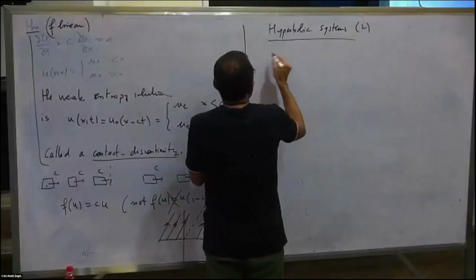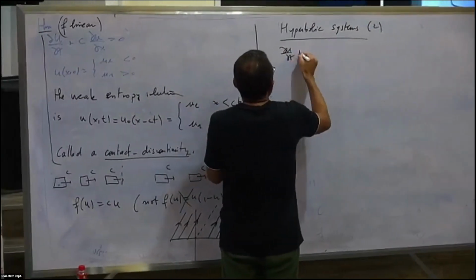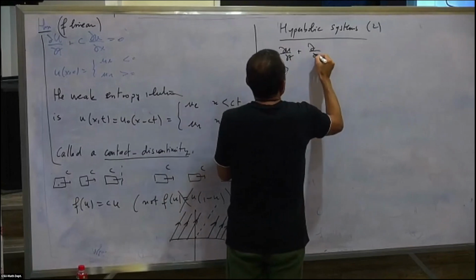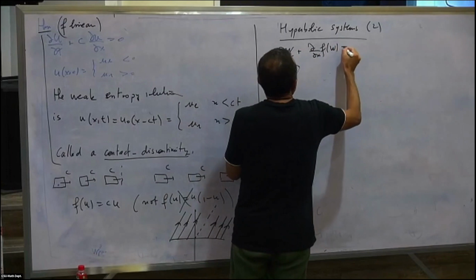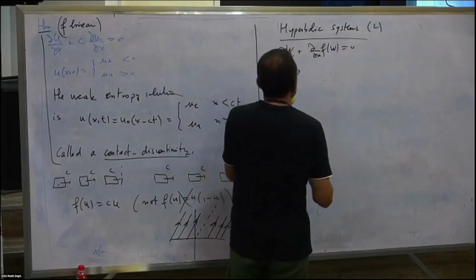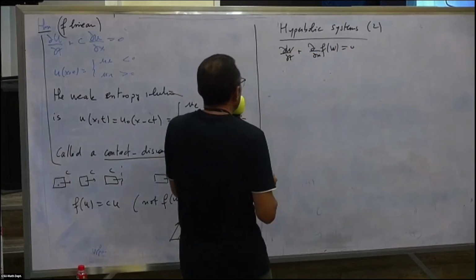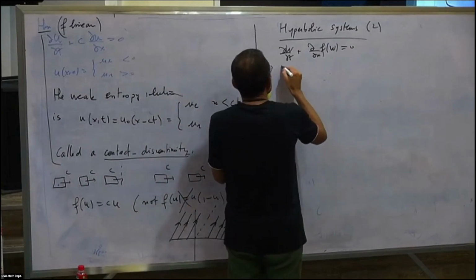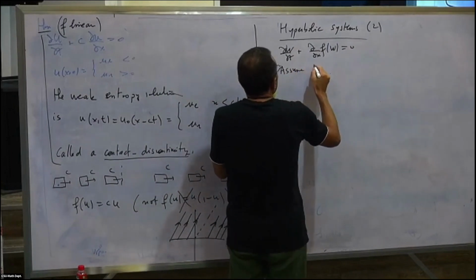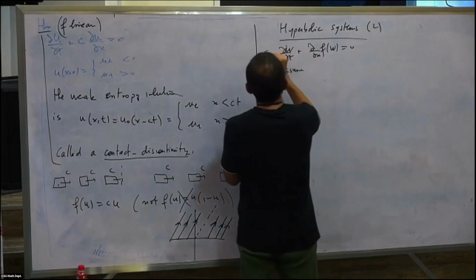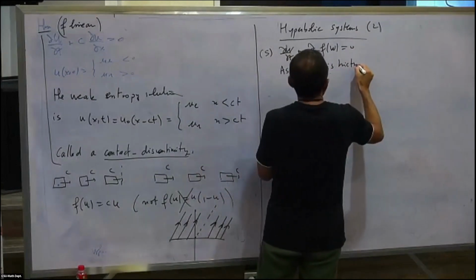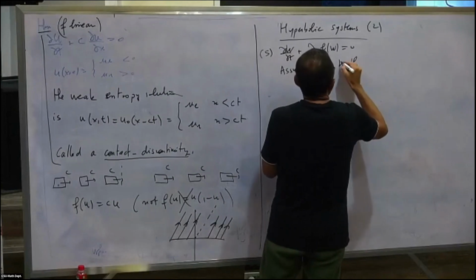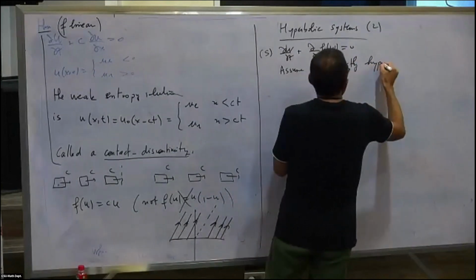So, definition. Remember, we write u_t plus the flux derivative in conservative form, W for the system, equal to 0. And we assume the system is strictly hyperbolic.